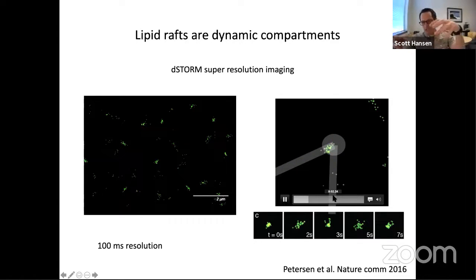The graduate student, Nick, called them highways. Like they don't just randomly diffuse through the membrane. And you can see over a second that the individual nodes are loose and things are moving between the domains. So in agreement with what everybody else has said, we think that these are dynamic clusters.